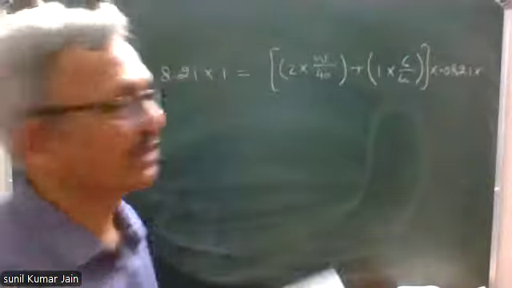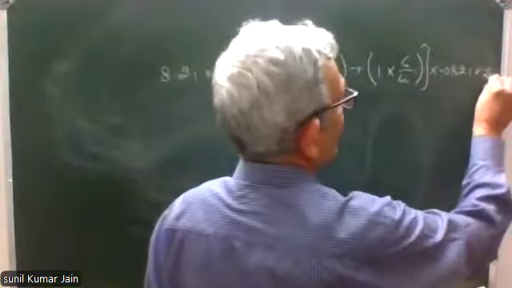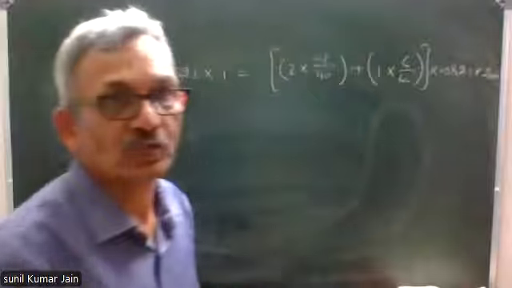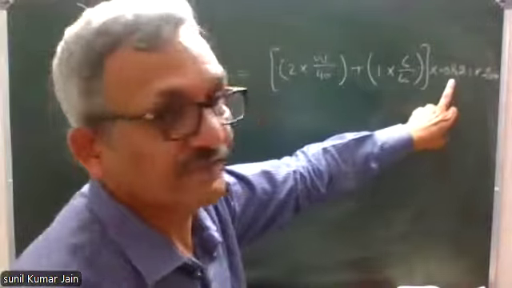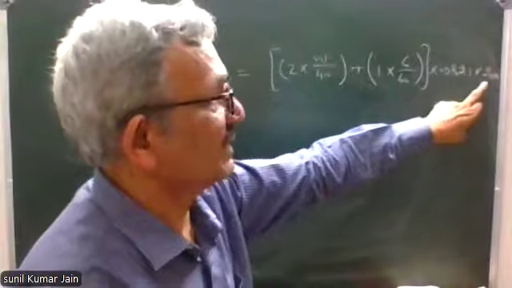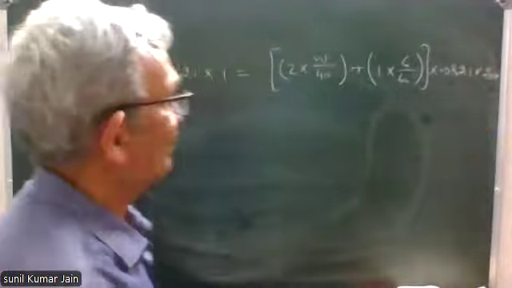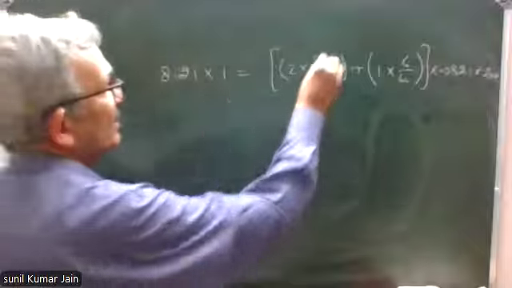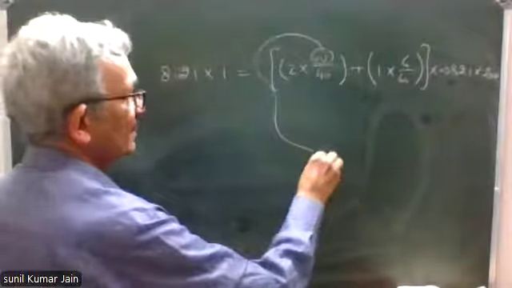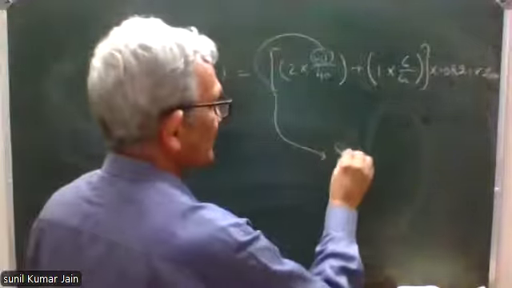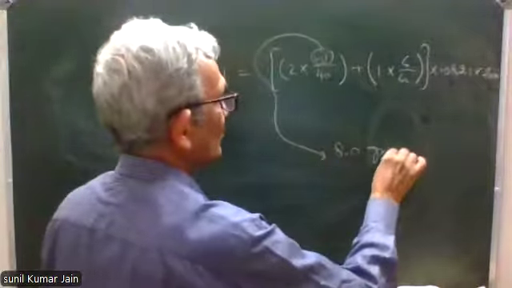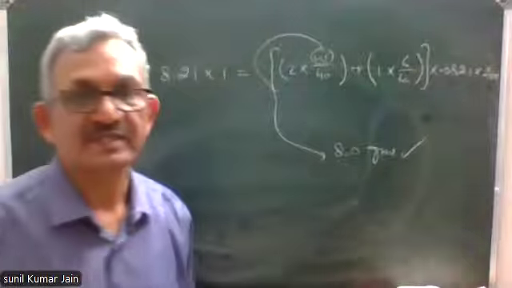Minus 73 will be 200 Kelvin. I hope you are able to read. I'll read it for you: 0.0821 multiplied by 200 is the temperature. So this W will be the answer. This will come out to 8 grams. This is the answer.